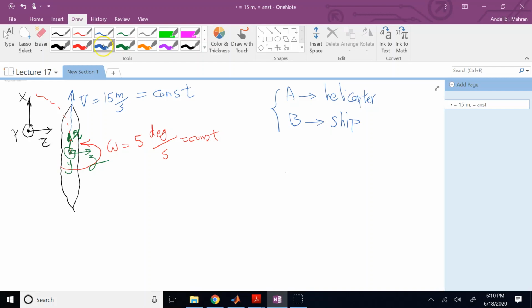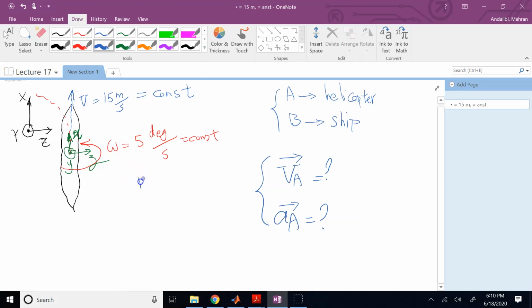So what we need to find is the velocity of the helicopter with respect to the ground frame, and also acceleration of the helicopter with respect to the fixed frame.